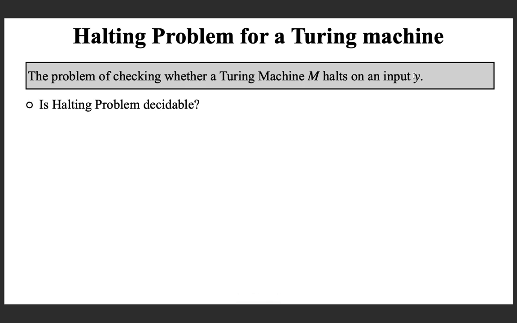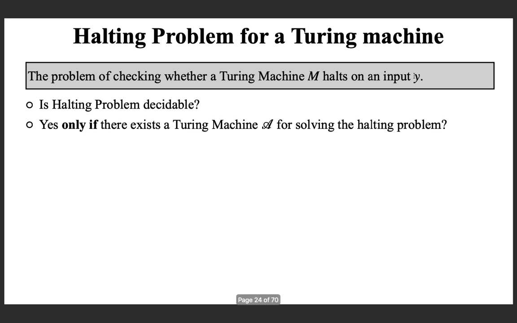Is the halting problem decidable or computable? Answer is yes, only if there exists a total Turing machine for solving the halting problem. That is the notion of computability that we defined in this lecture. So it is decidable only if there exists a Turing machine which is total for solving the halting problem.